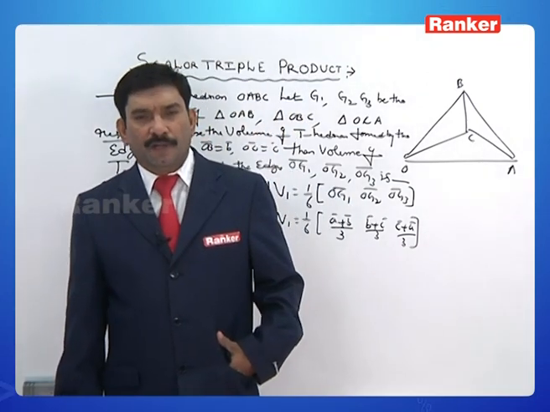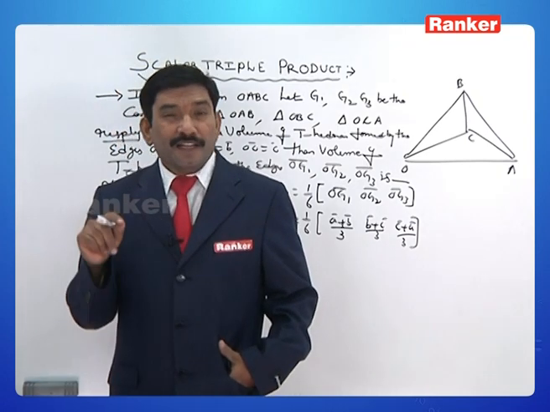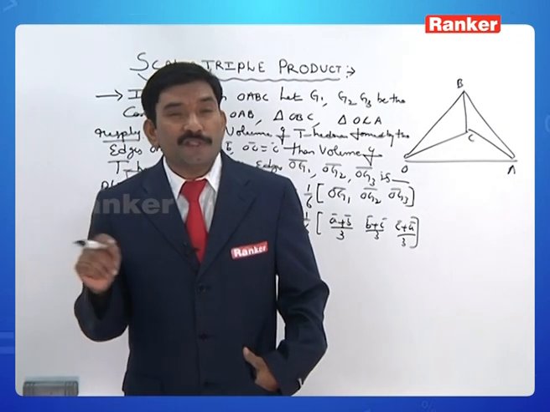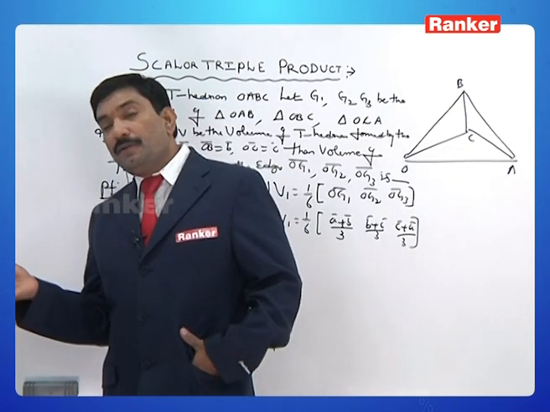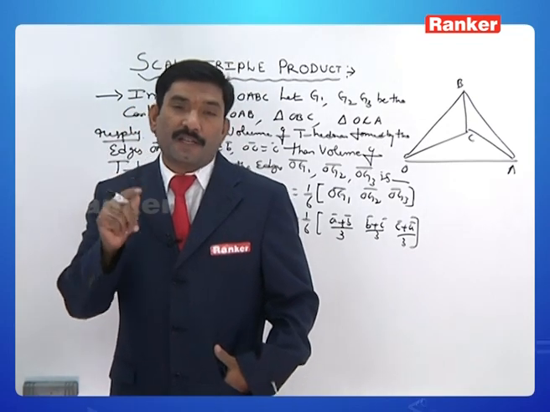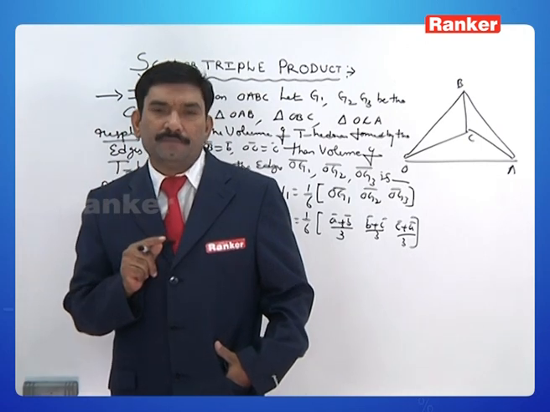Whereas in a determinant, if one scalar is there, if you want to multiply it with the determinant, it is not possible to multiply for all the three rows or for all the three columns. If one scalar k is there, you can multiply to a particular row or a particular column.